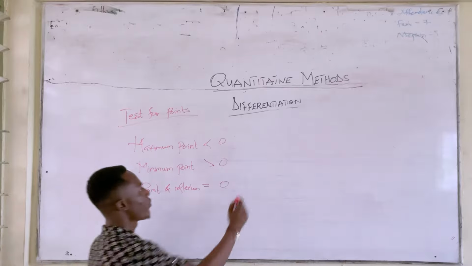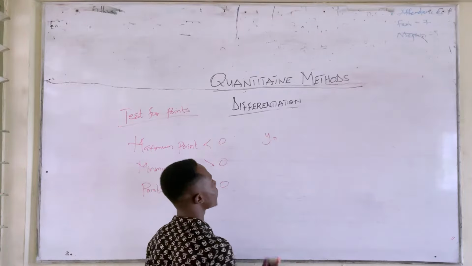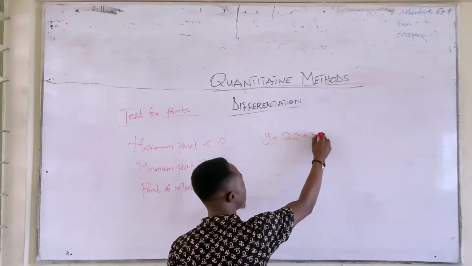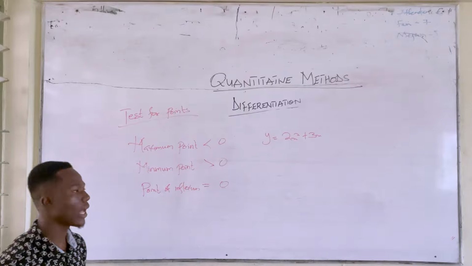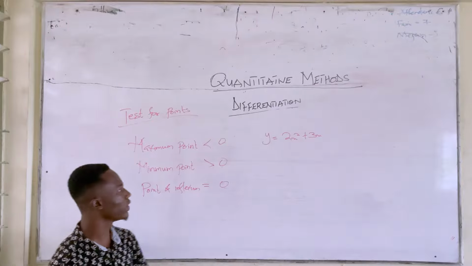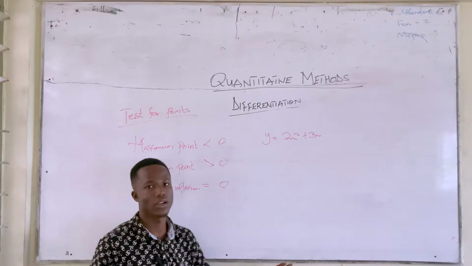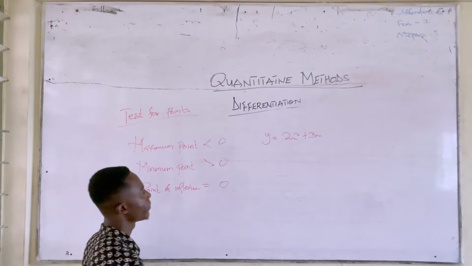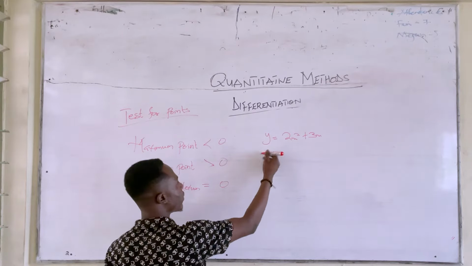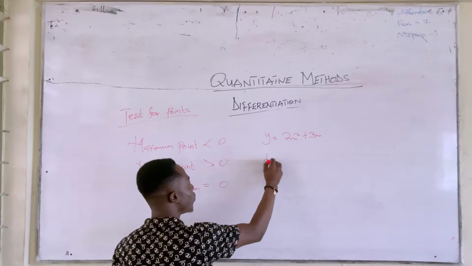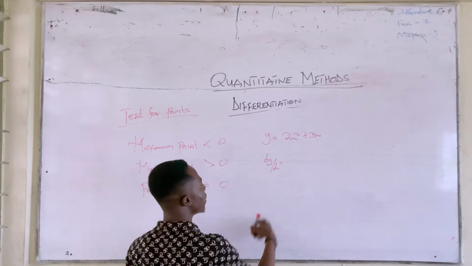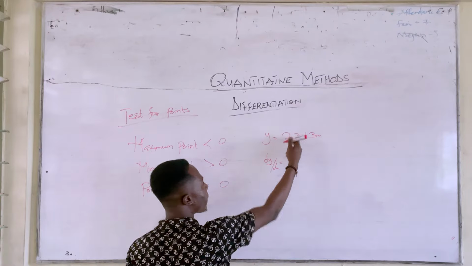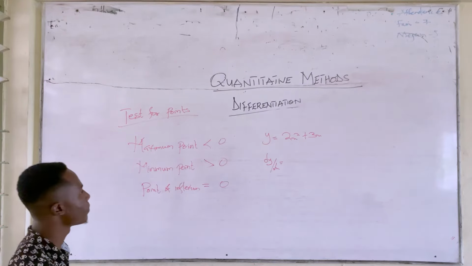So for example, if you have y equals 2x squared plus 3x, and you have been asked to determine whether this function is maximum or minimum. Okay, so let's see. First differential dy dx is equal to, okay, let me teach you this one before.